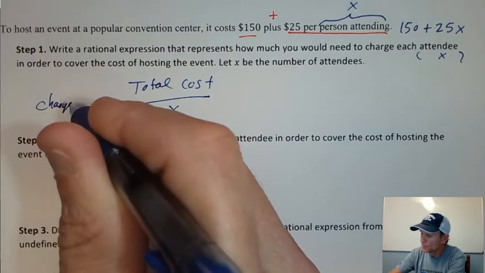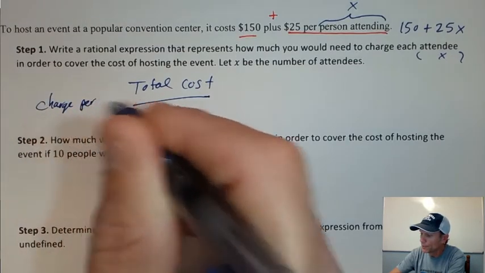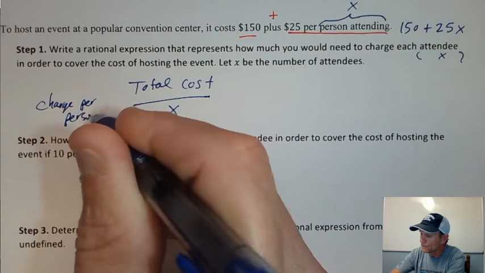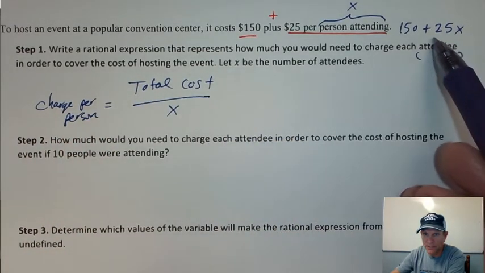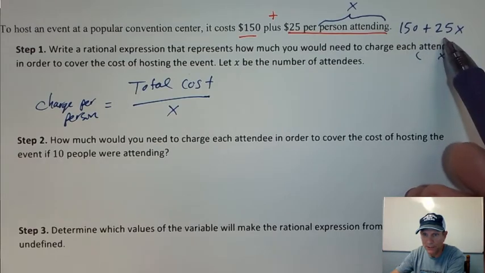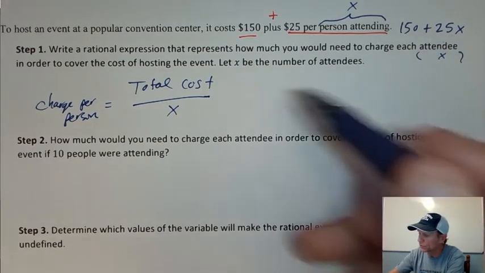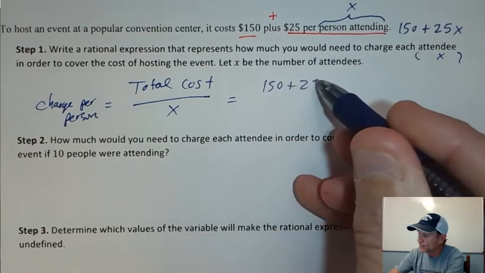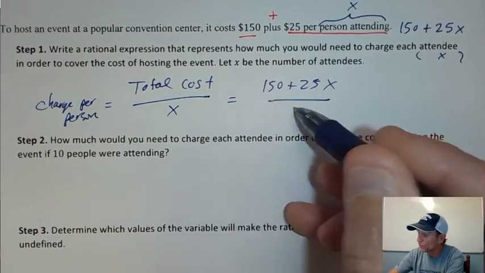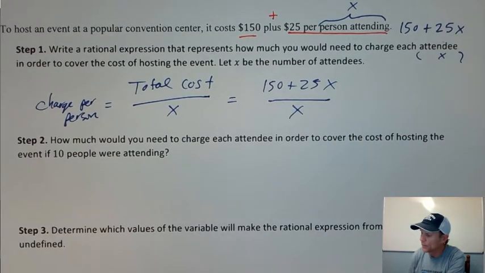So what I would have is 150 plus 25x over x.